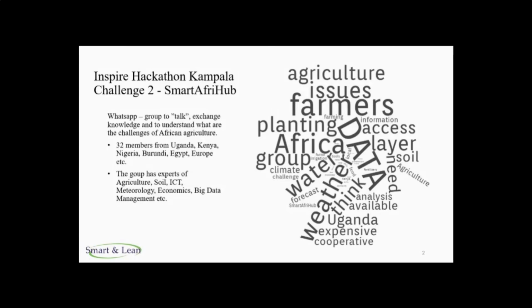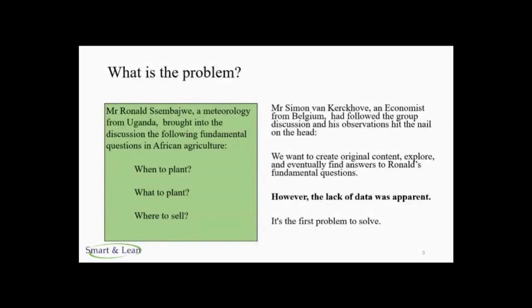We also thought and talked a lot about weather. That was the second biggest topic, data and weather. We also talked about water, which was one main issue. And water and weather are linked to each other. So those were our topics.